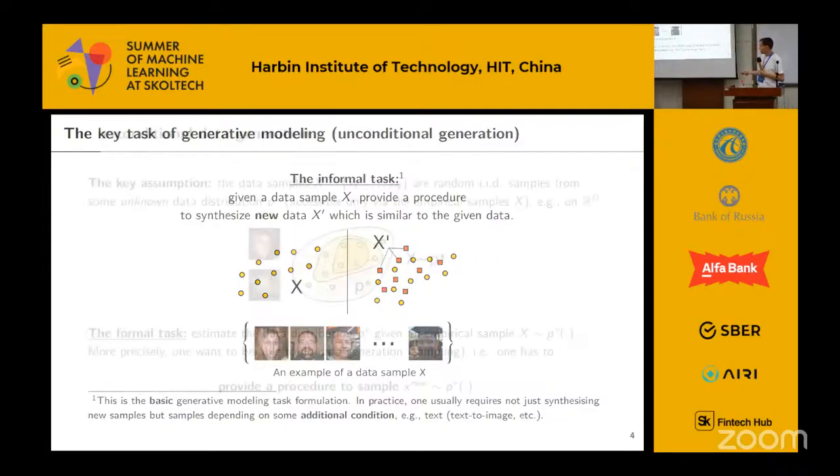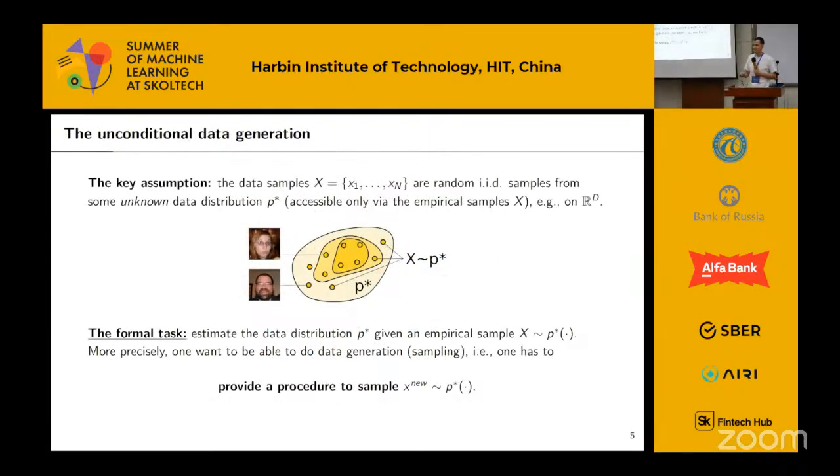This problem is usually formalized in the following manner. You have some data set and you assume that it consists of independent, identically distributed samples from some unknown data distribution P star, and you need to reconstruct this data distribution.